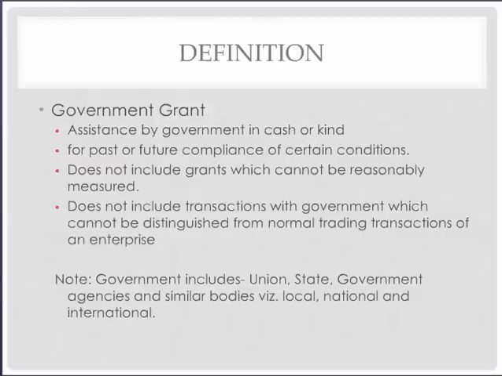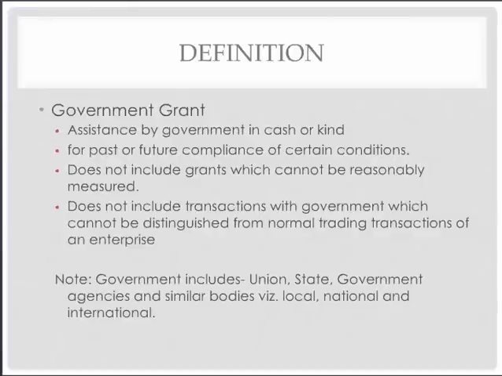Let us move on to the definition of government grant. Government grant is nothing but assistance by government, whether in cash or in kind, for past or future compliance with certain conditions.